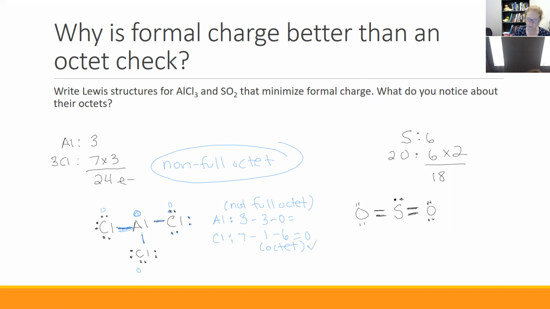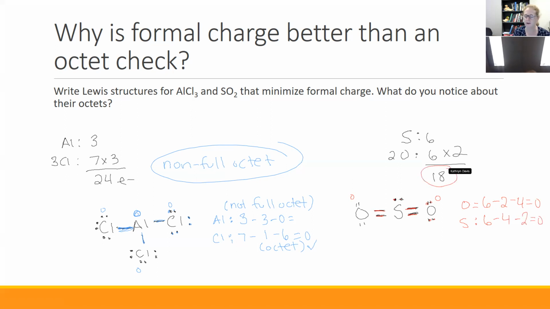Other things like sulfur have the other option. And look, this version of sulfur in oxygen, in SO2, has 6 from the periodic table, 2 lines, 4 dots. So oxygens have a formal charge of 0, and the sulfur, sulfur is 6 on the periodic table, 4 lines, 2 dots, equals 0.